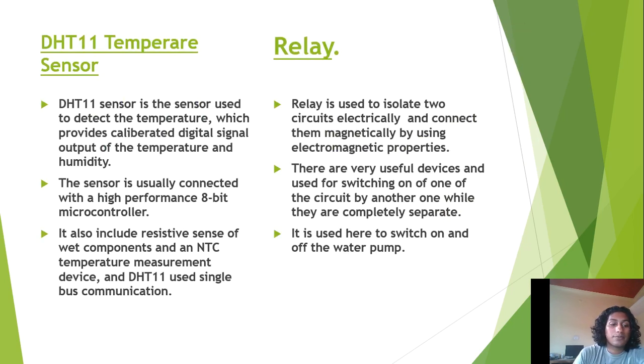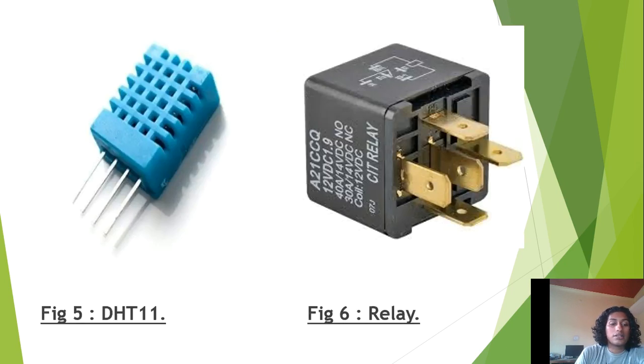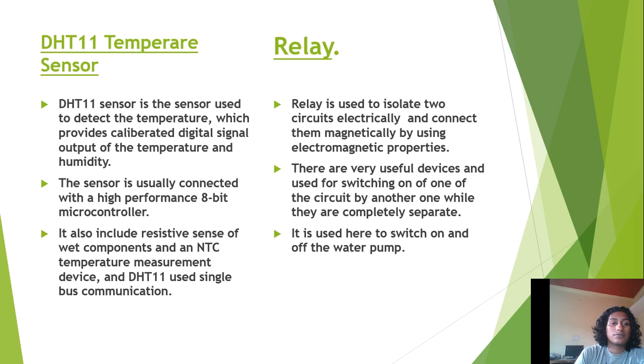Next is the temperature sensor, which is called DHT11. The DHT11 is the sensor used to detect temperature, which provides a calibrated digital signal output of the temperature and humidity.